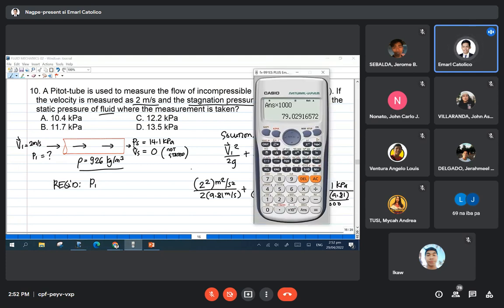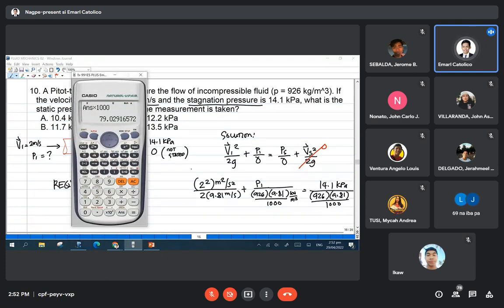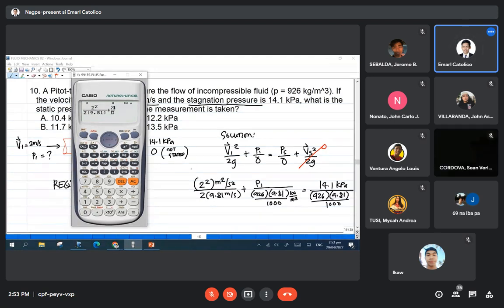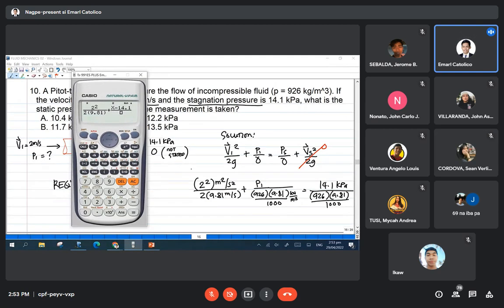So yan, okay na yan. Palag-palag na. 2 squared over 2 times 9.81 plus alpha x minus 14.1 over 926, 9.81 divide 1,000 is equal to 0.